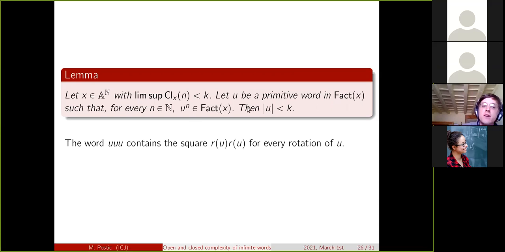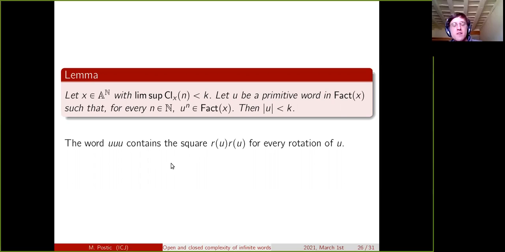It's because if you take a cube, then this word will contain all of the squares of rotations of the root u, and all of the words of this type are actually closed, with frontier r, a rotation of u, because every square with a primitive root is always closed with the root as frontier.